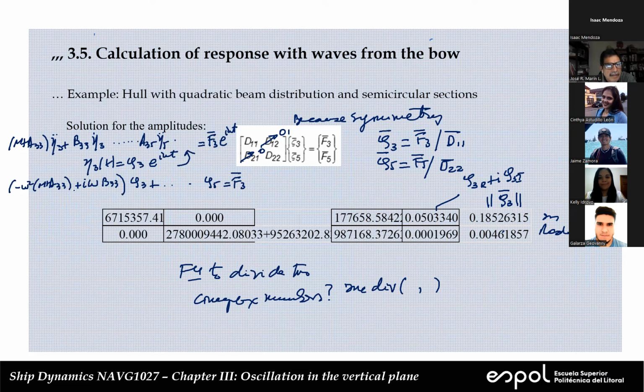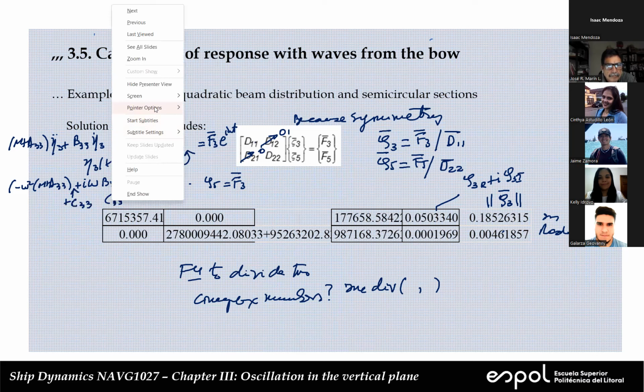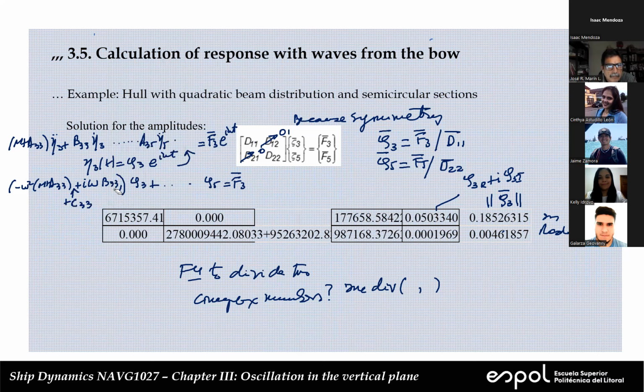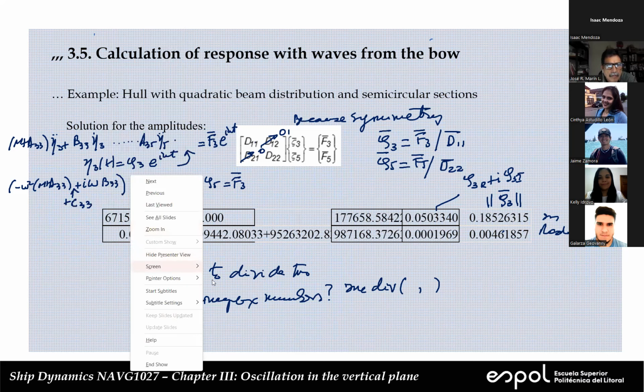So D11 is just everything here. So you see that it has a real part and an imaginary part. And here, I'm sorry, I'm missing something. I'm missing here, it's C33. It's real also. So we better put it here. Okay.